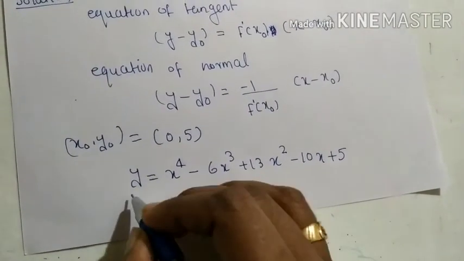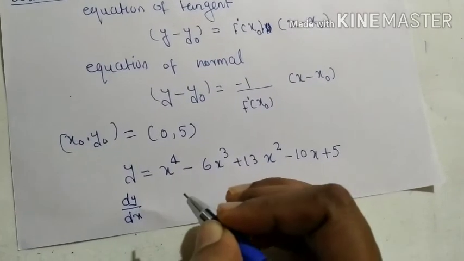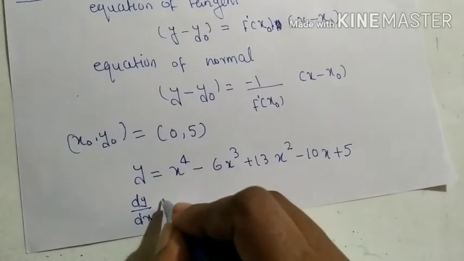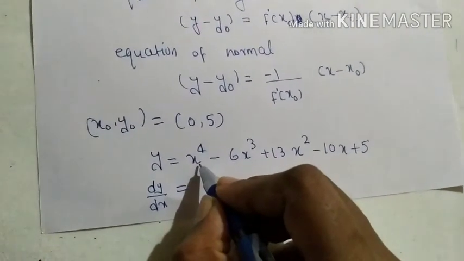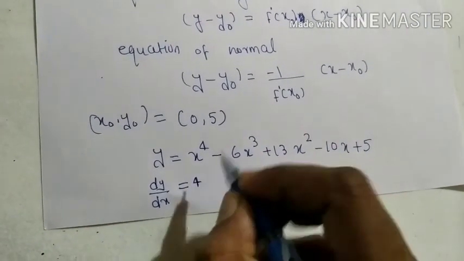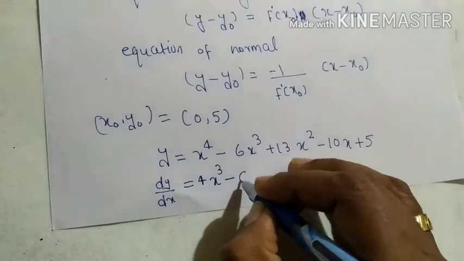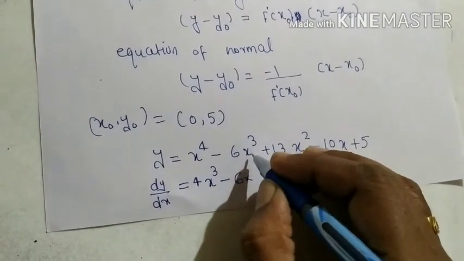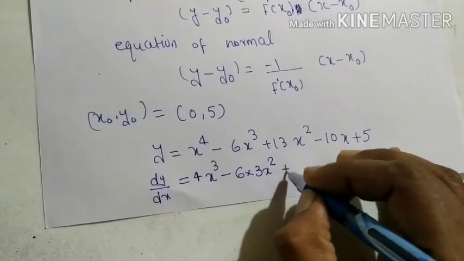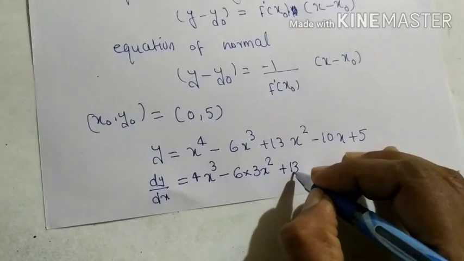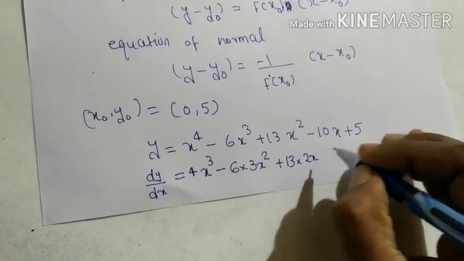Differentiating with respect to x on both sides, we get dy by dx equal to, derivative of x raised to 4 is 4x cube. Minus 6 is a constant, derivative of x cube is 3x square. Plus 13 is a constant, into derivative of x square, which is 2x.